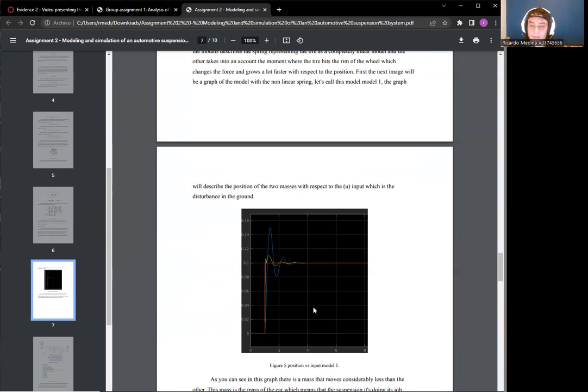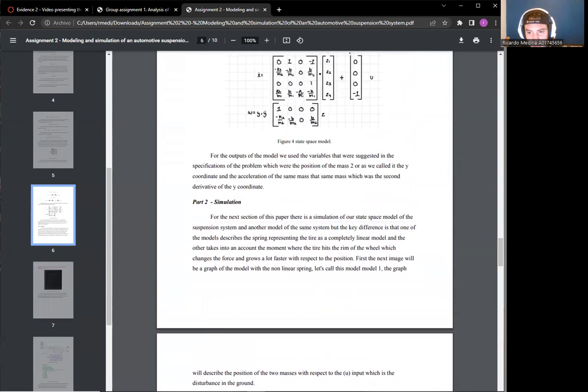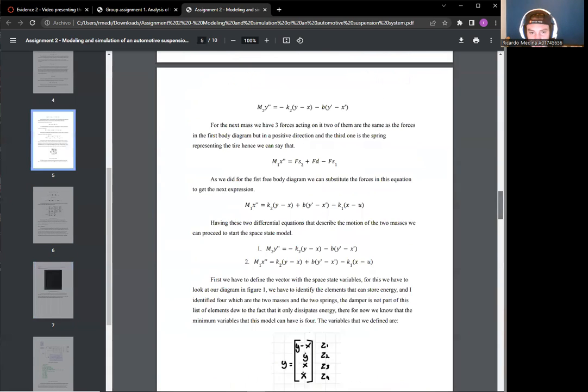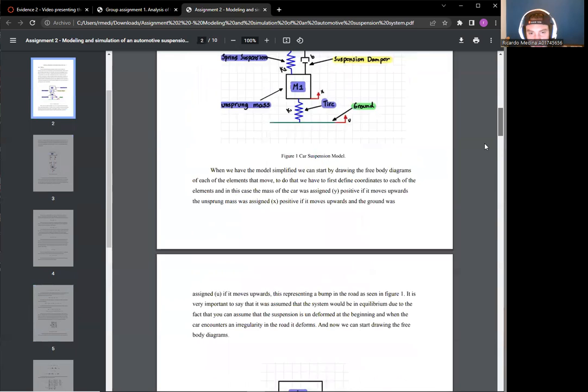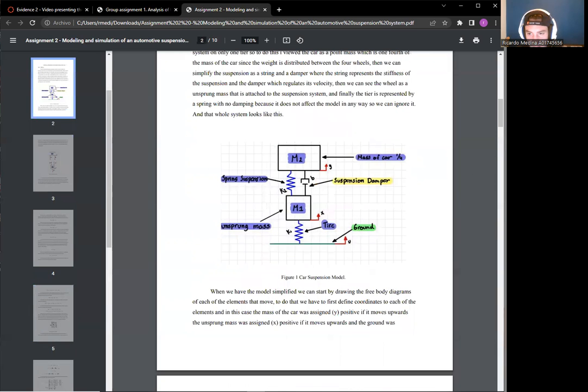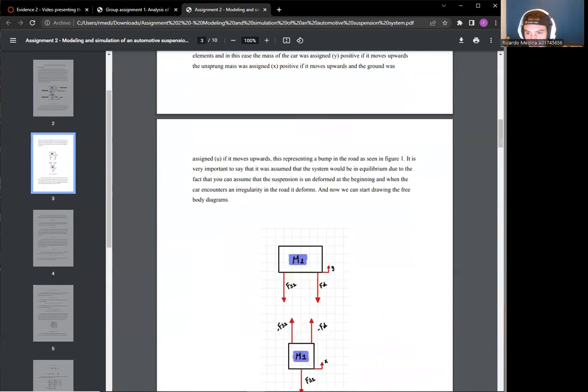To model a semi-active suspension system, I think I would have to change the damper coefficient, which is the constant b, to a variable. Here's the constant b in our equations.